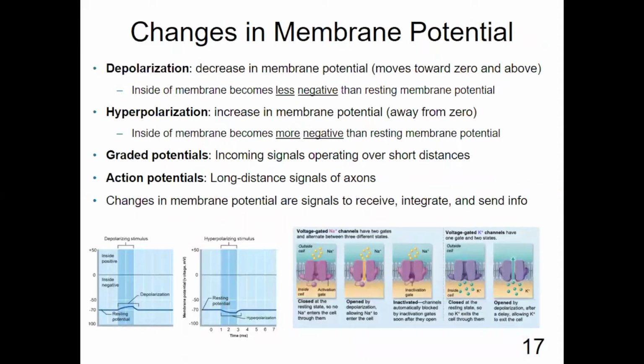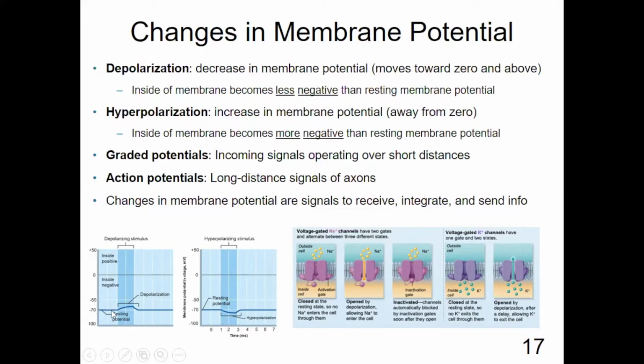We can look at changes in membrane potential as either making the membrane potential more positive or more negative. So if we look at this figure here on the bottom left-hand corner of slide 17, this blue line is representing the resting membrane potential of a neuron. And we see that it is resting at minus 70 millivolts.